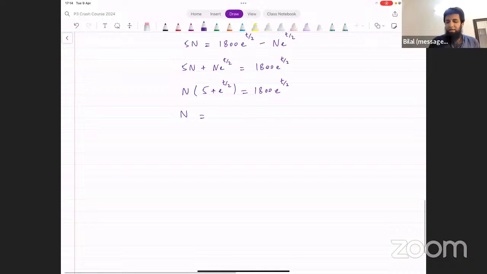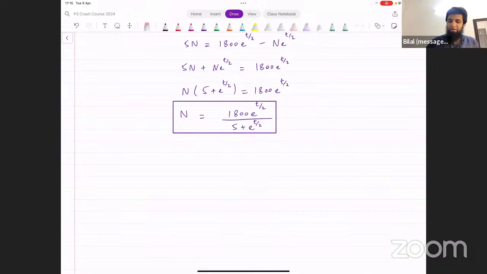And you finally get n equals 1800 e raised to the power t over 2 divided by 5 plus e raised to the power t over 2. That is n in terms of t. That is the final result that we end up getting from this. Is that okay?